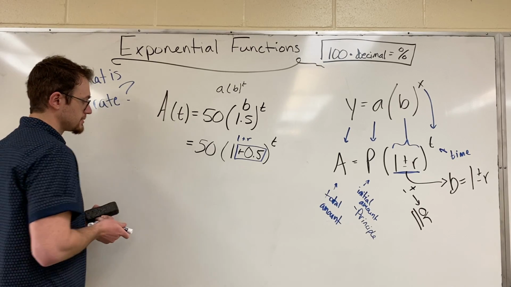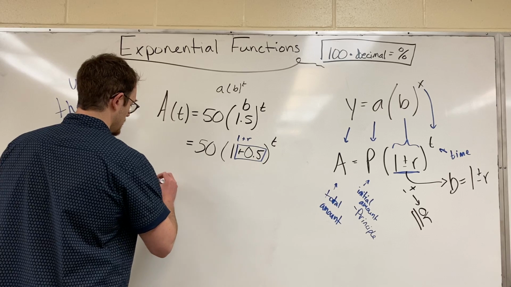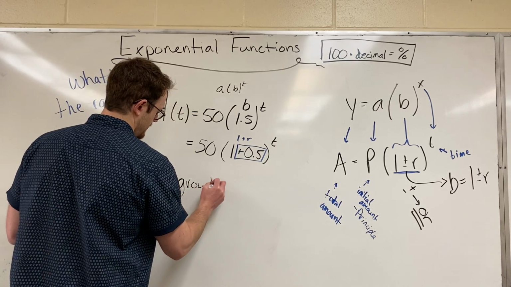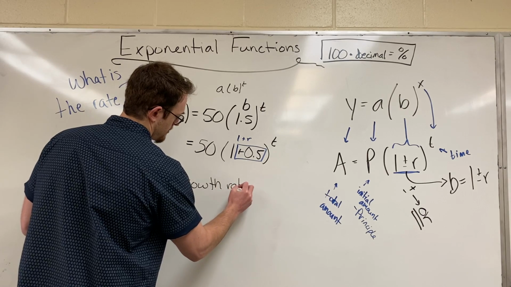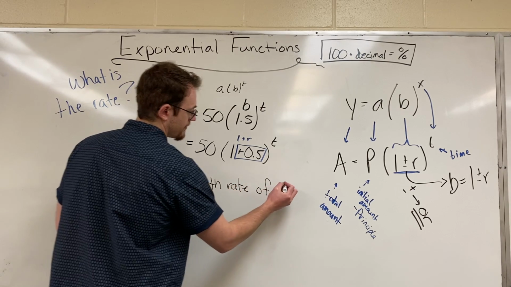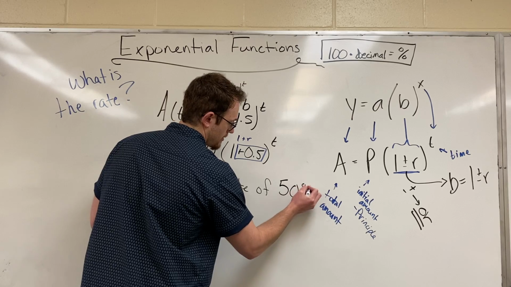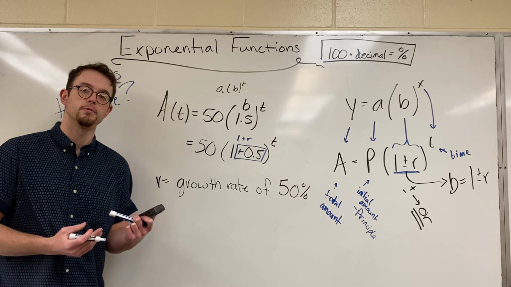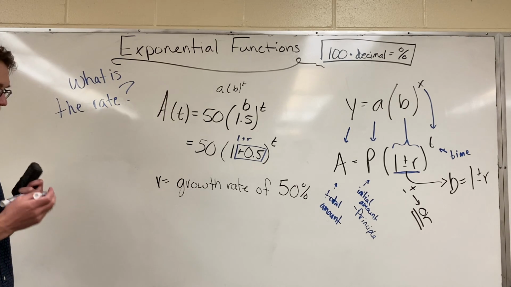Well, the rate is, so R equals a growth rate of 50%. 0.5 is a half, 50%. All right, growth rate of 50%. Let's do another one.